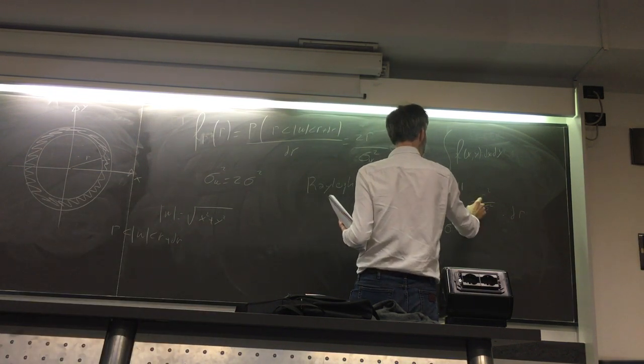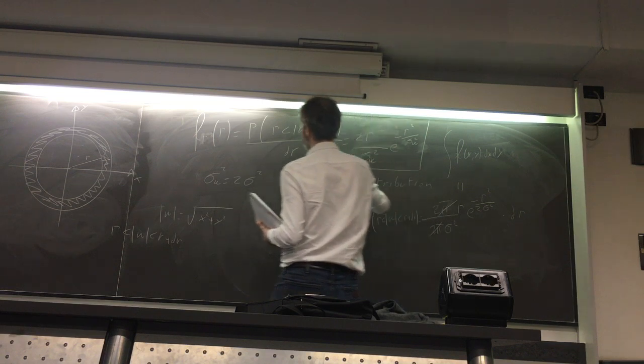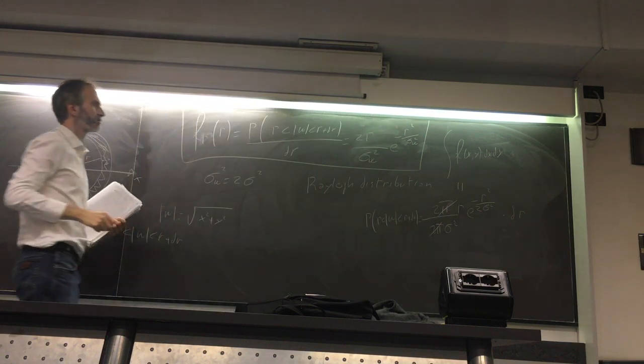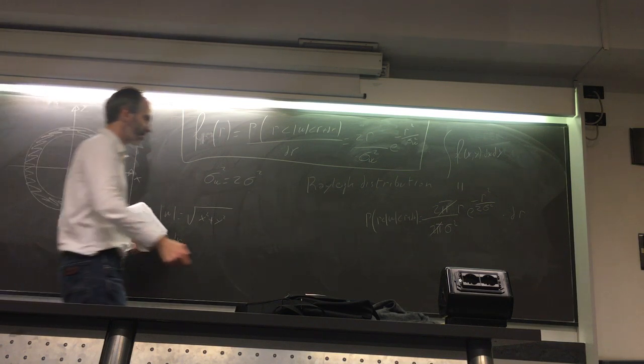Here we have a factor 2, sorry, this way. And so this is the distribution of the noise power. It is more or less done this way.